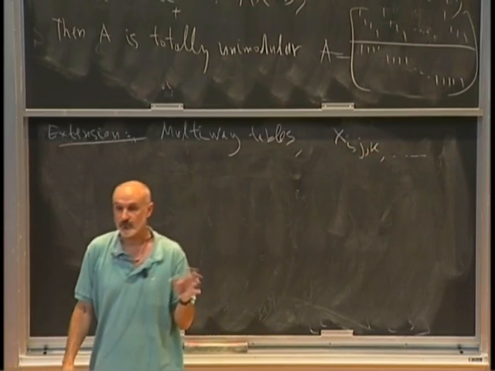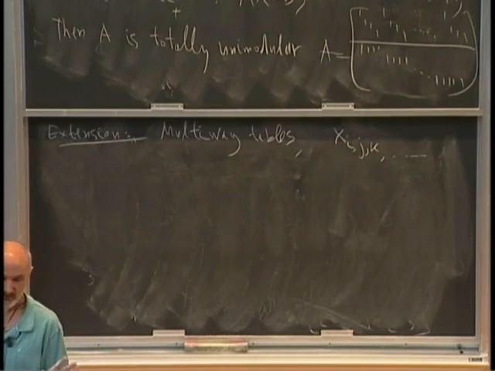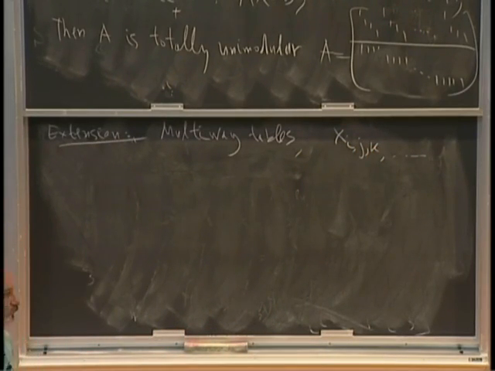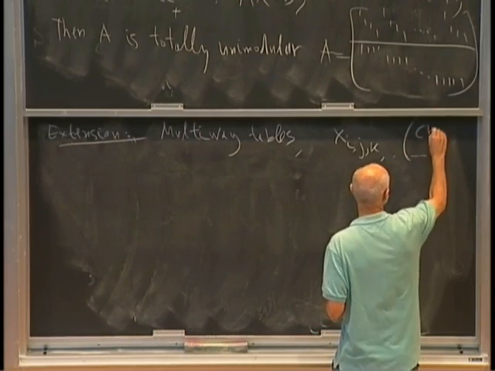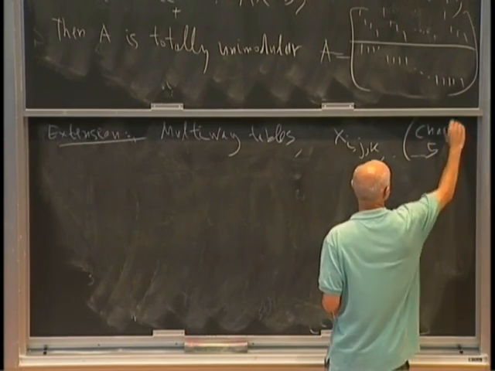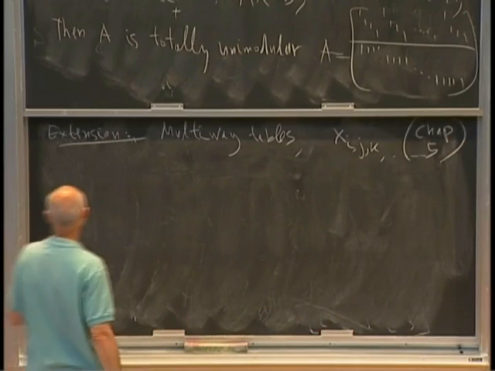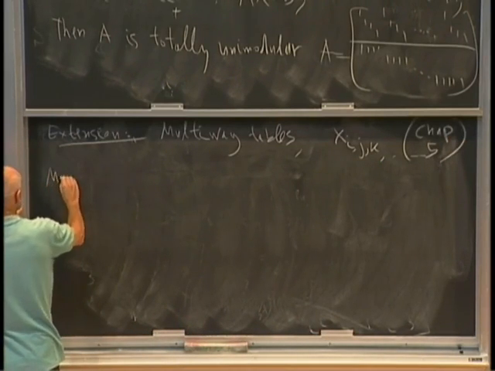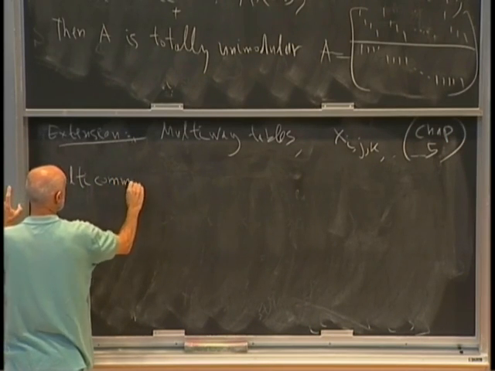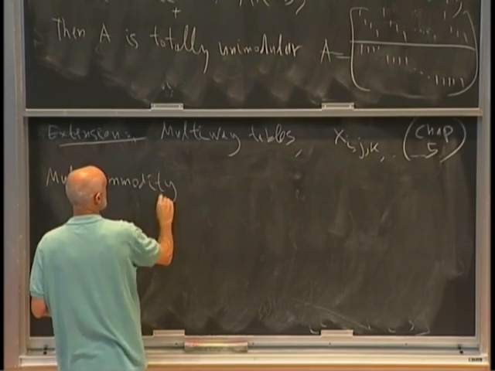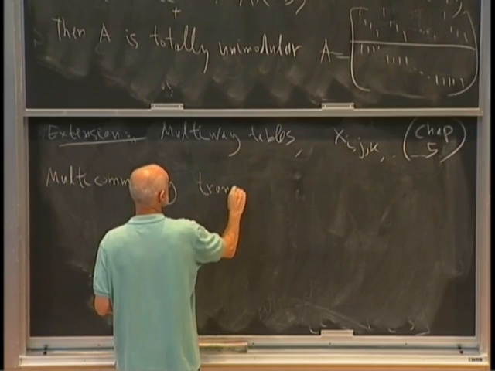That's one very useful extension that comes up in some statistical applications. We are going to talk about this later. Actually, this is chapter 5 of the monograph. But I want to talk about multi-commodity transportation.